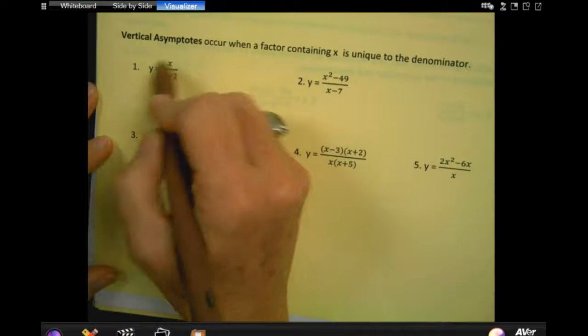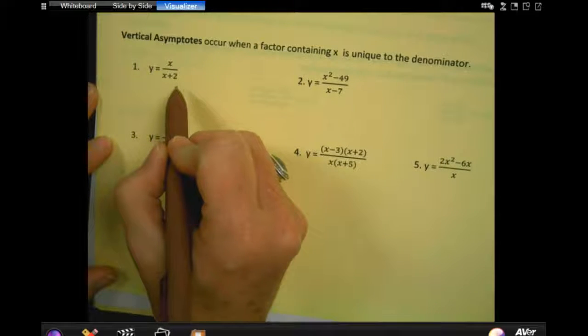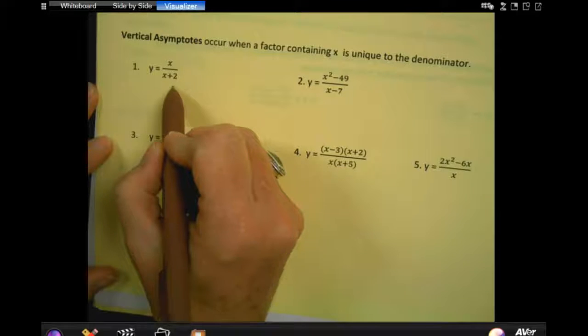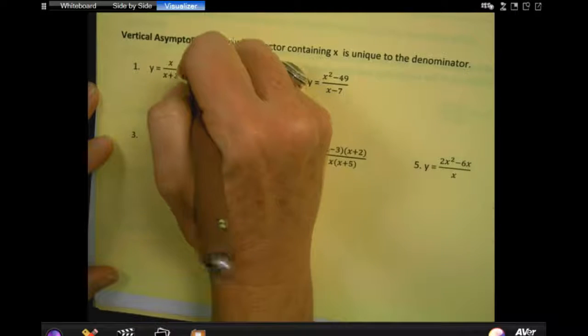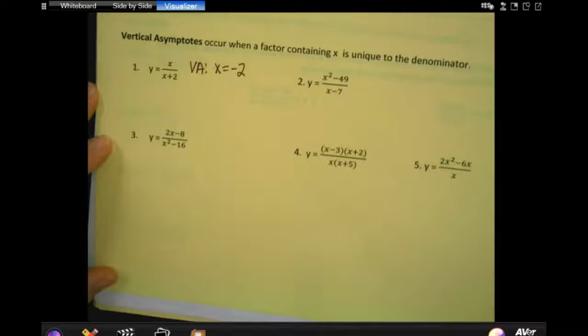If I look at the denominator, what makes the denominator 0? So we're going to say the vertical asymptote is that x equals -2. Well, I'm telling you that's what it is.